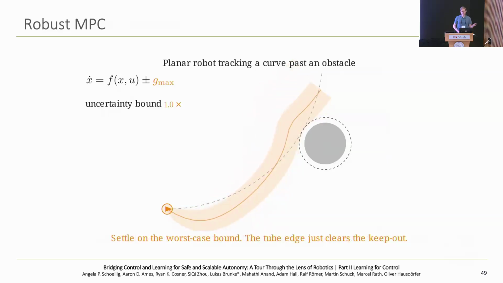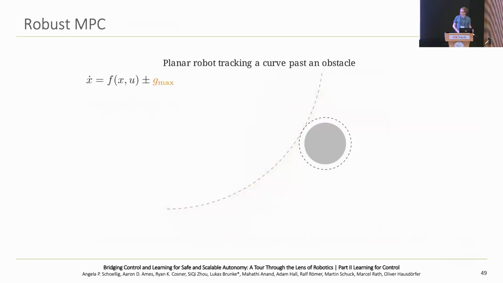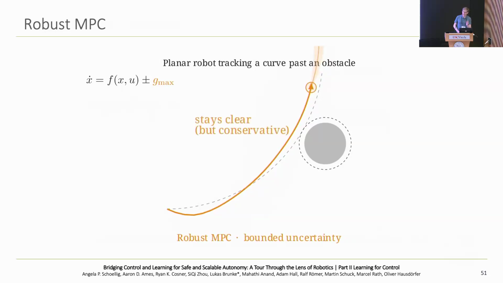If we choose this bound conservatively enough, we're able to avoid crashing into the obstacle. But you can also see that this is conservative. There's a gap between where we could have gone and where the robot actually went.